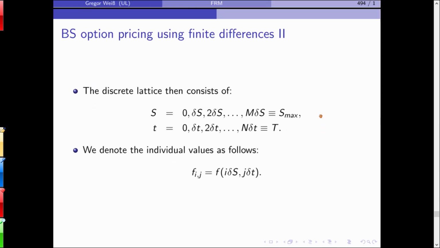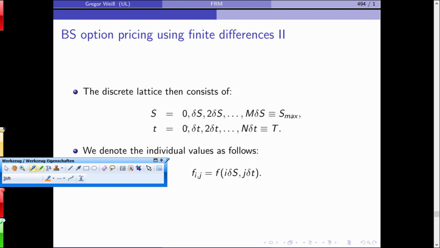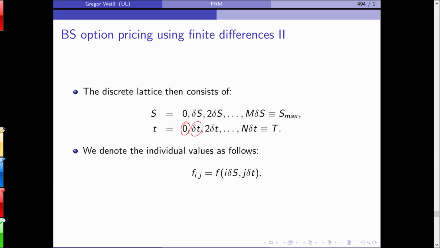And we will approximate the continuous time with a discrete lattice, mit einem diskreten Gitter. And we just say we have points in time 0, delta t, 2 delta t, and capital T. So we cut it up into capital N points in time.